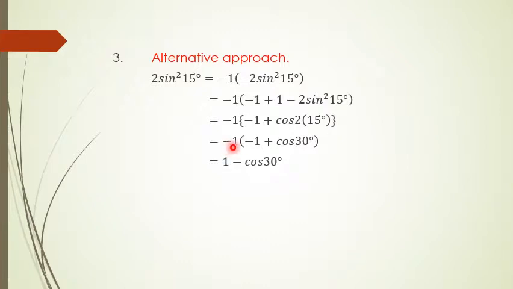And multiplying the minus 1 inside, minus 1 times minus 1 gives us a positive 1, and minus 1 times a positive cos 30 will be minus cos 30. Substituting for the cosine of 30 degrees, we have 1 minus root 3 over 2, which can be put under one common denominator as 2 minus root 3 over 2, which is what we were required to show.